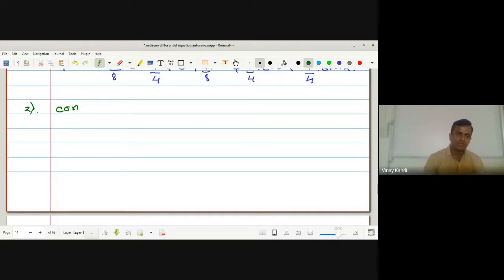Solve this example at home. Consider the equation y triple dash minus 4y dash is equal to 0.